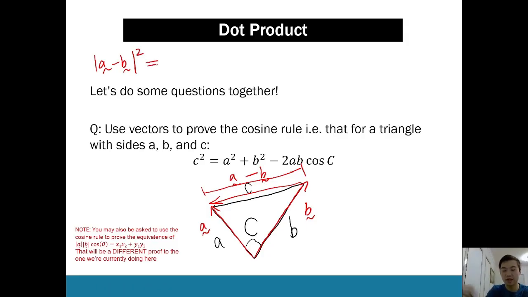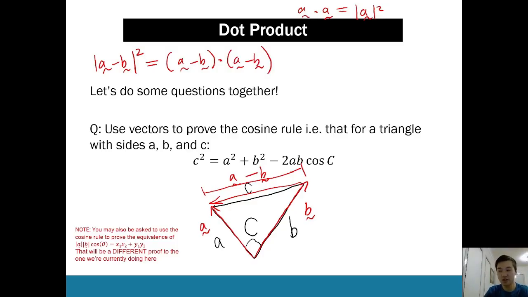And we know that with the dot product, when we take the dot product of a vector with itself, we get the magnitude of that vector squared. So the magnitude of a minus b squared is simply the dot product of a minus b with itself.